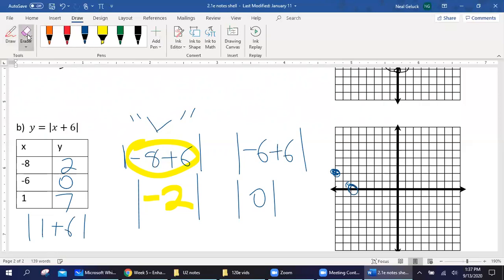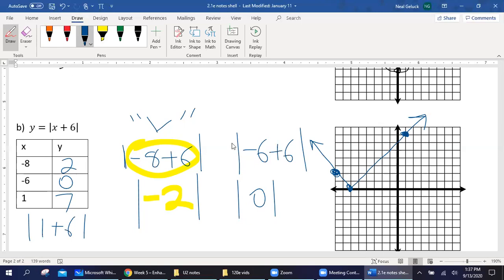Oh my, let's try that one again. And I have 1, 7. Now, we'll learn later on to know for sure, but the point -6, 0 is that point of the absolute value. We're going to shoot off from that point.